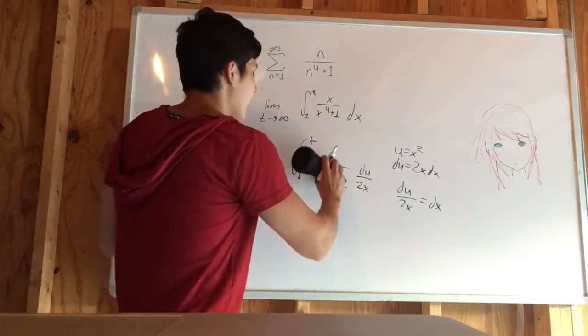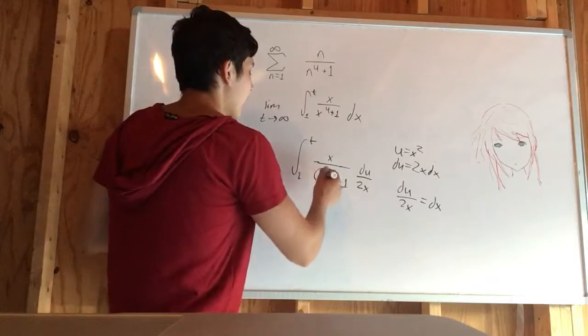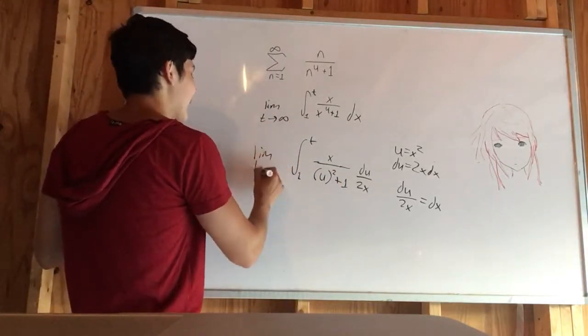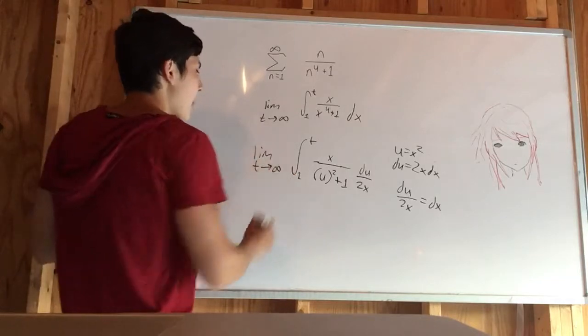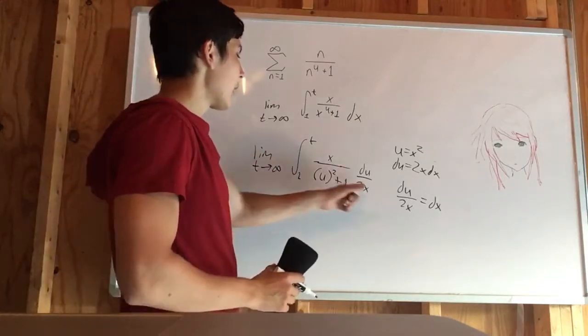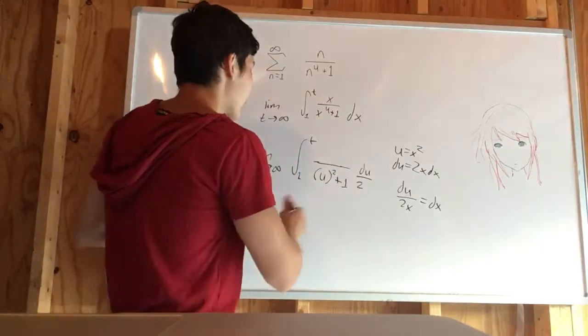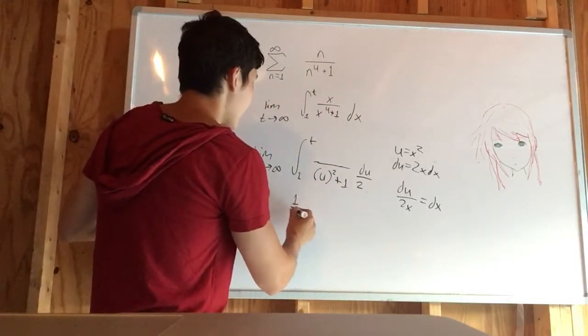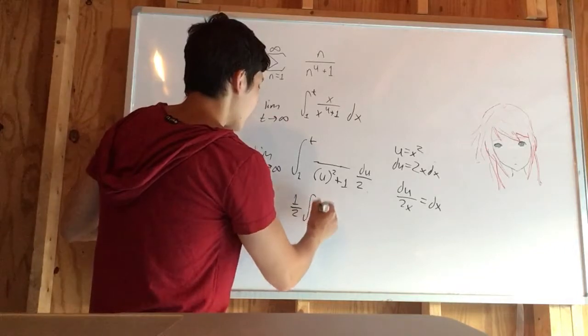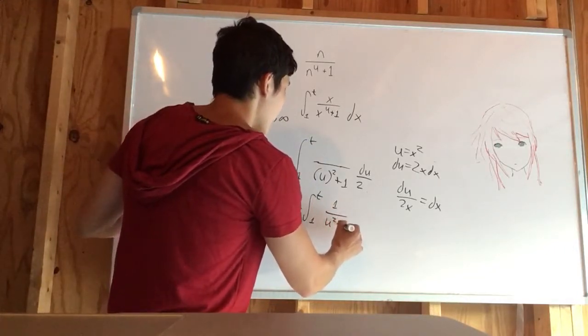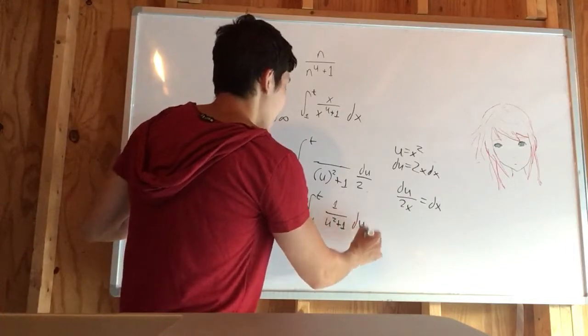and we make the other substitution, which was to have u in there. We're still taking the limit as t approaches infinity. The x's here go away. We can bring out the 1/2. So we have 1/2 integral from 1 to t of 1 over u squared plus 1 du.